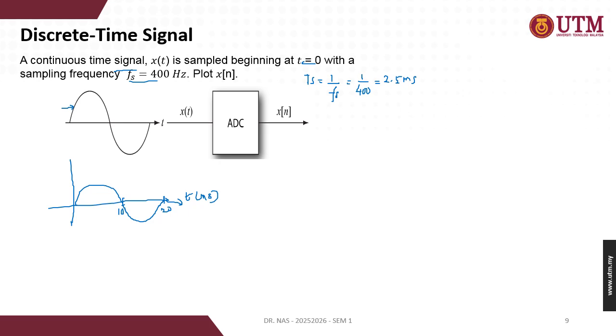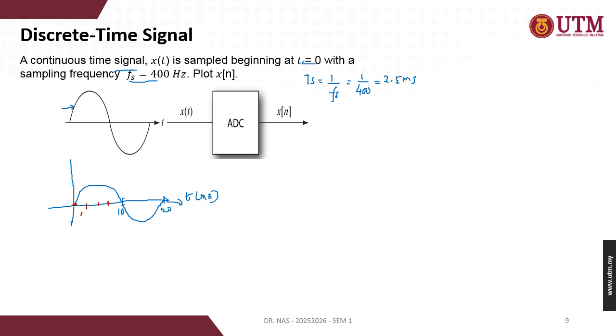At the beginning at 0, you have the first sample with amplitude of 0, and the middle will be 5, and then 2.5, 7.5.